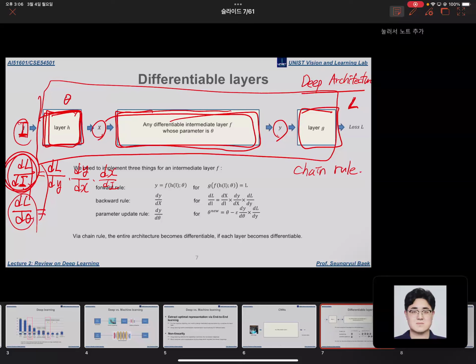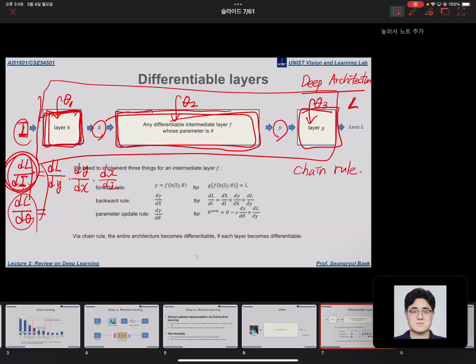And also dL/dtheta. Let's say this is theta 1, this is theta 2, and this is theta 3. So theta 1 is layer H's parameter, theta 2 is layer F's parameter, and theta 3 is layer G's parameter.